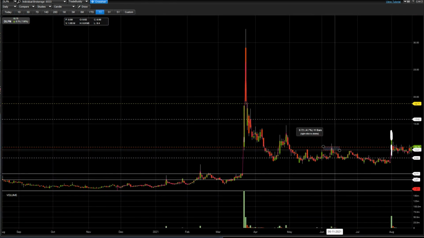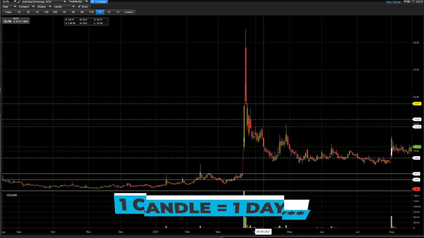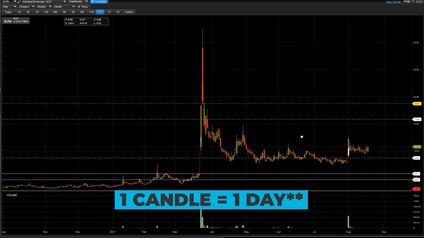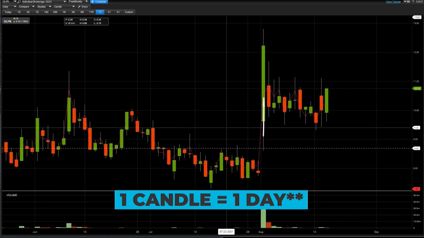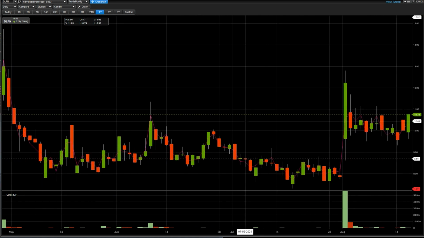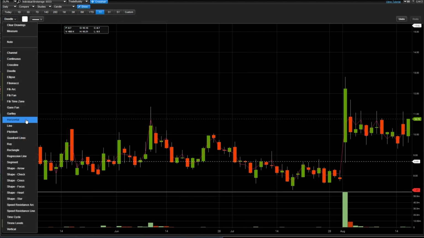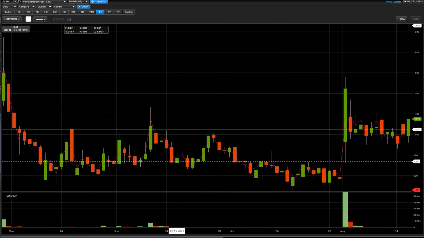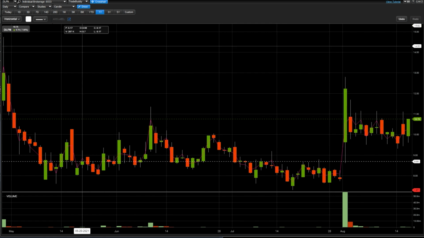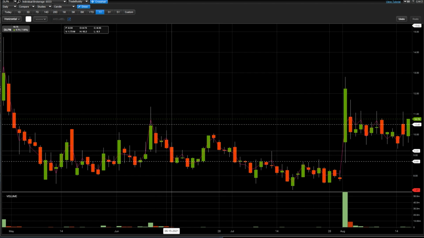So here we are now on the daily chart. So this means that one candle represents 1 day. And basically you would want to look at this chart and find levels of previous resistance that could act as resistance again. So for example, we see that there is a top here on this candle near 10.50.